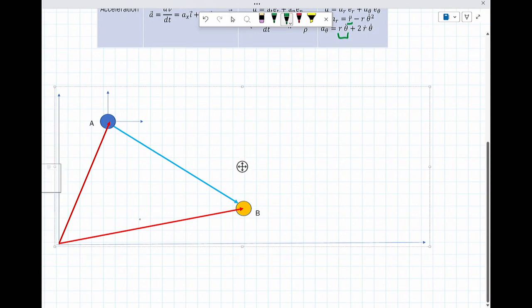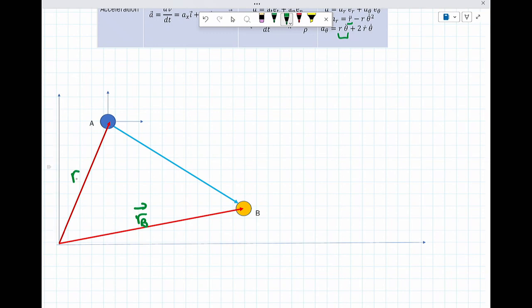I can define distances from an absolute origin. So I have an origin here, and an xy coordinate, just as usual.